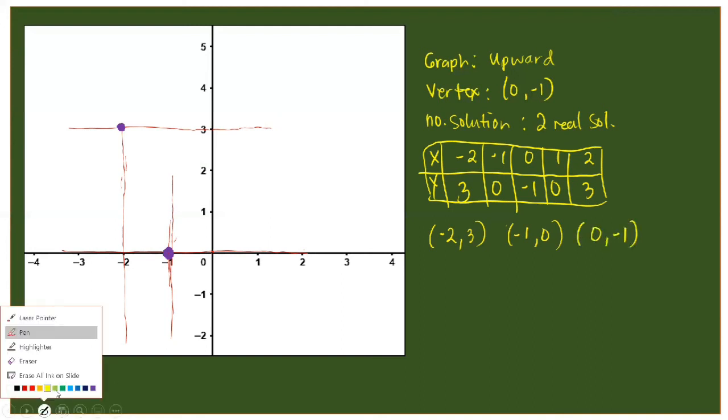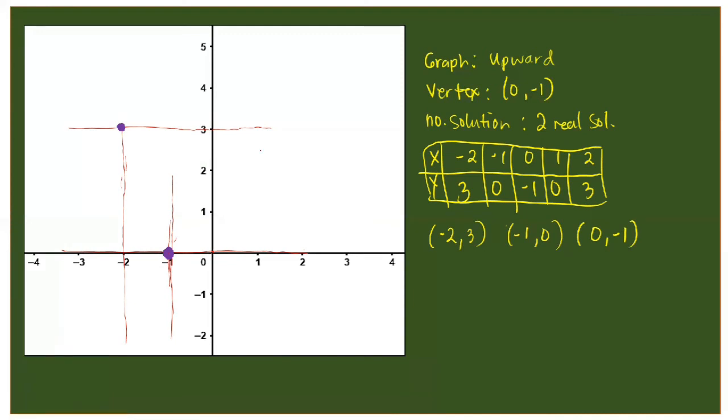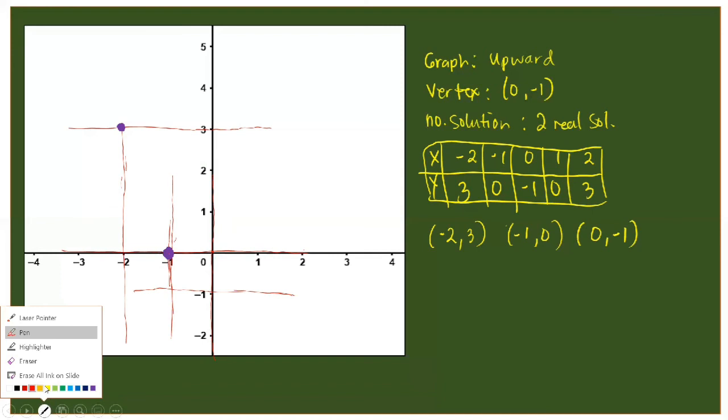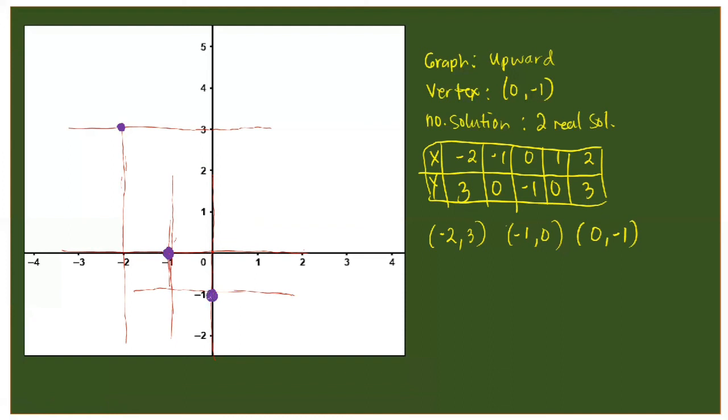So, yung 0 natin na x, nandito lang siya. And then, yung ating y na negative 1 is here. So, ibig sabihin, dito nag-intersect yung ating third ordered pair sa ating y-axis.